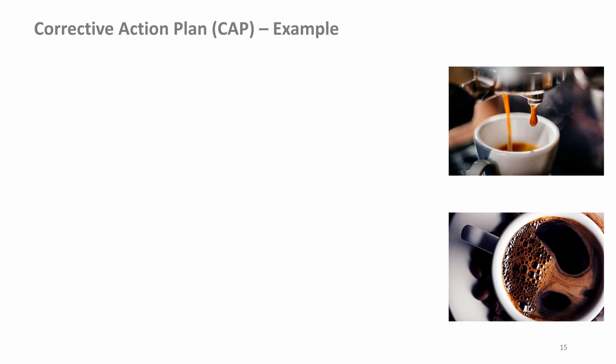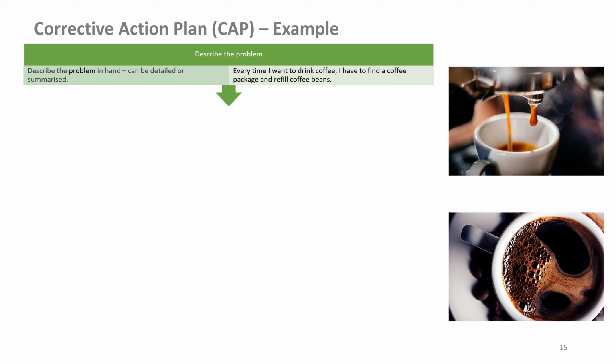Let's look at a corrective action plan based on an everyday problem in many offices around the world. Describe the problem. Describe the problem in hand. Can be detailed or summarized.